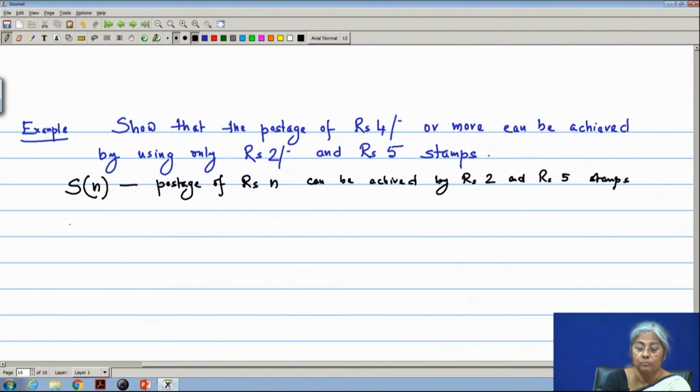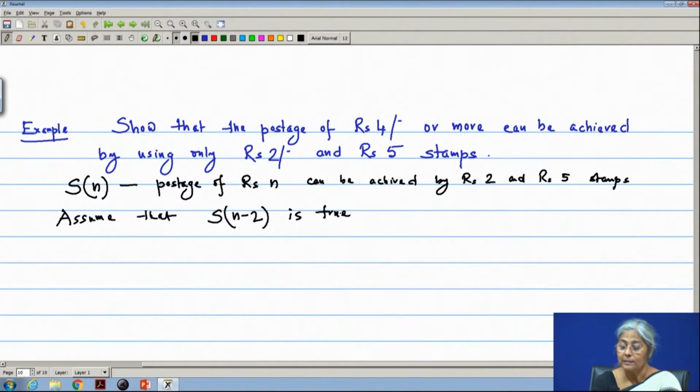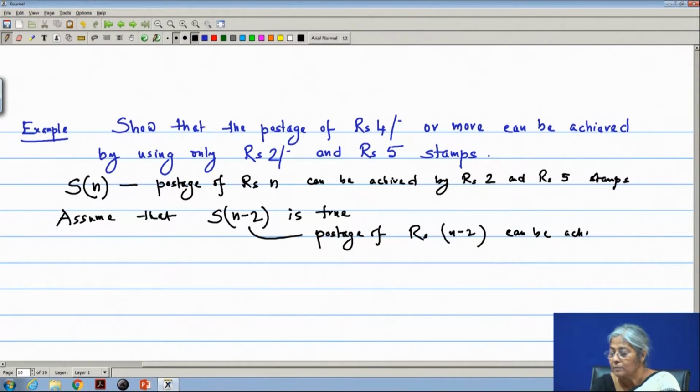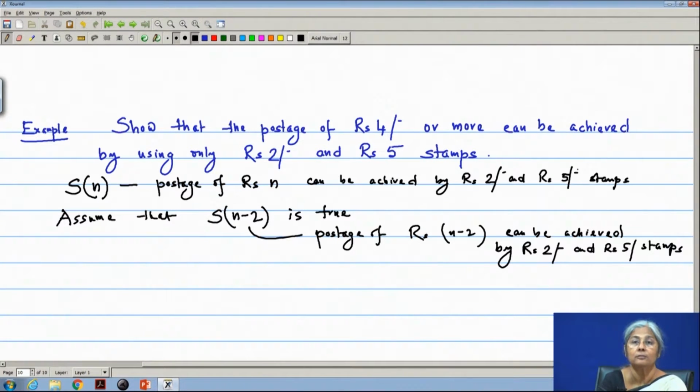Now, if we assume that Sn minus 2 is true, that means postage of rupees n minus 2 can be achieved by rupees 2 and rupees 5 stamps, then we will simply add rupees 2 more.